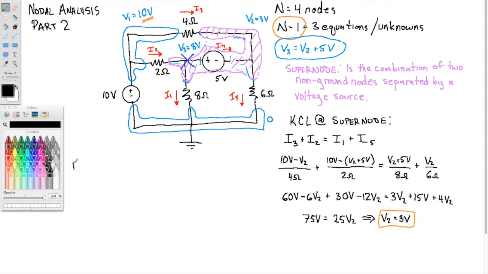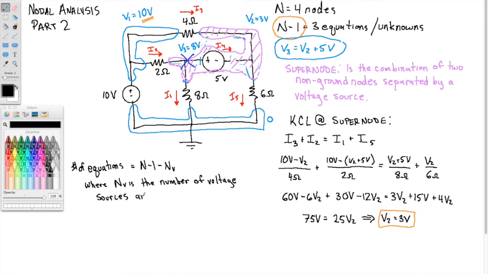So actually, the number of equations we need is equal to not n minus 1, but n minus 1 minus nv, where nv is the number of voltage sources, and n is the number of nodes.